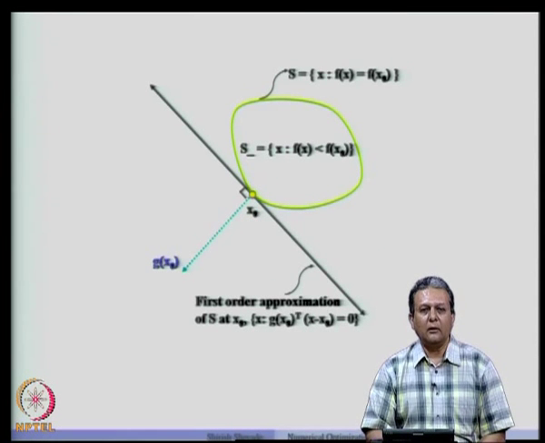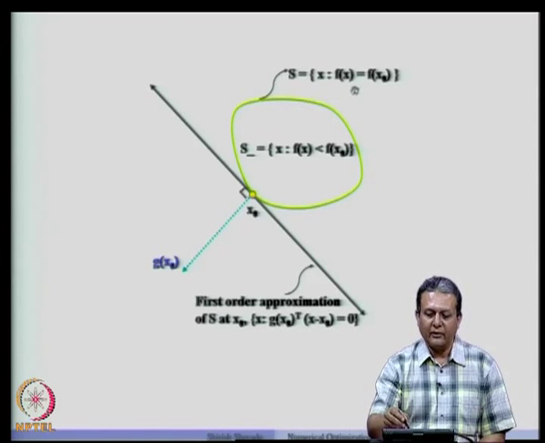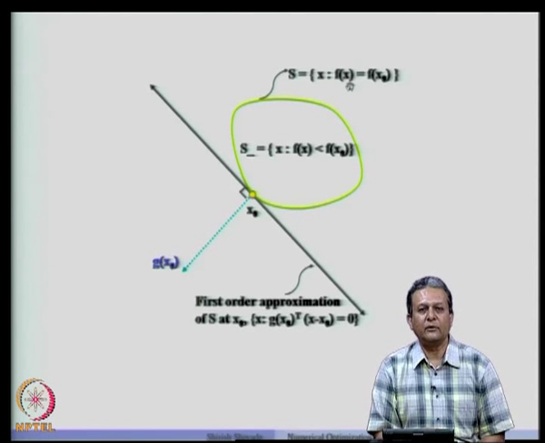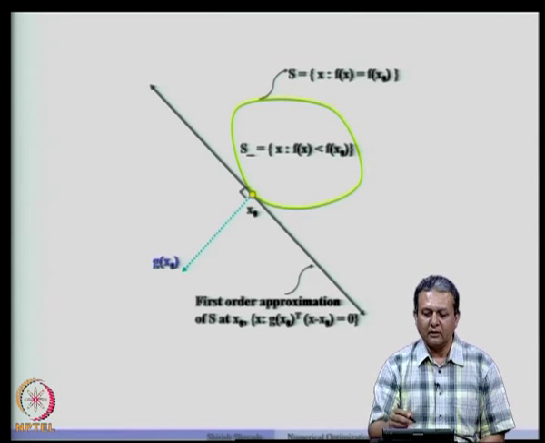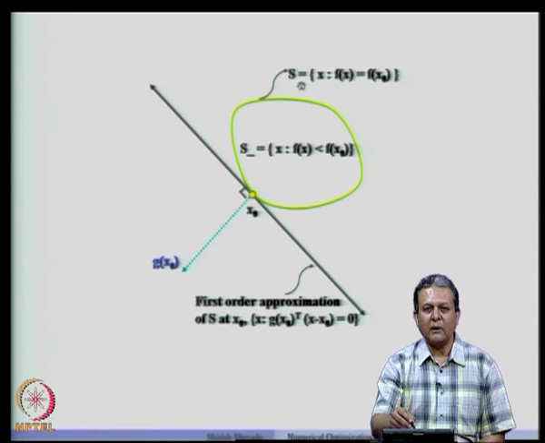Now, suppose you are given some function f which is differentiable, and the contour of that function, which we are denoting by S, is the set of all x such that f of x equals f of x naught, because the contour passes through the point x naught.